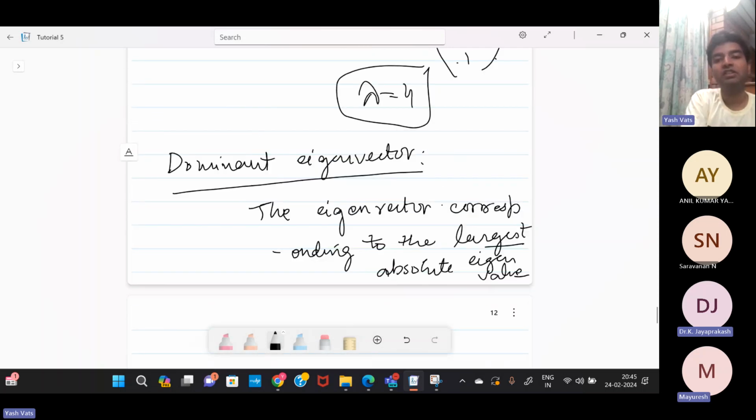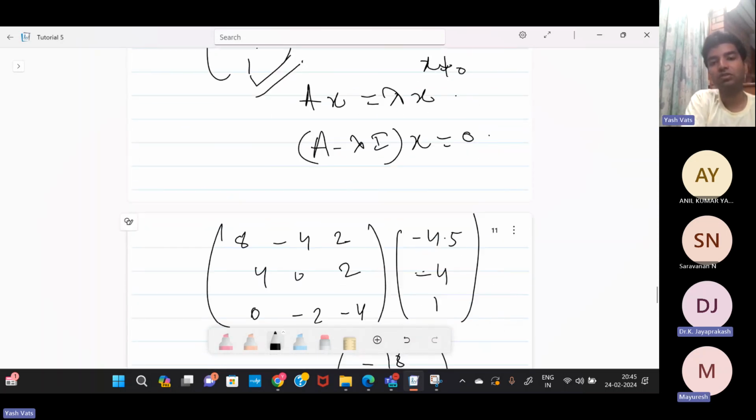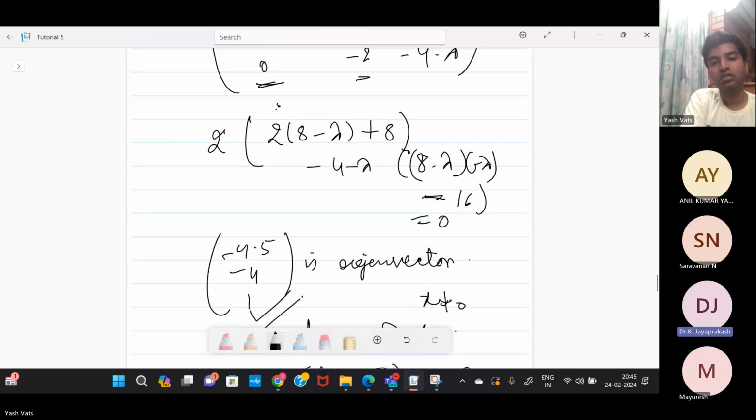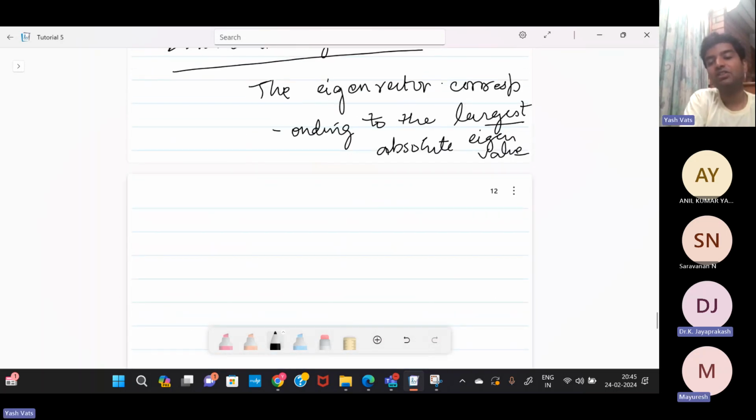And the dominant eigenvalue is given by the same concept: the dominant eigenvalue is the largest absolute eigenvalue of a matrix.